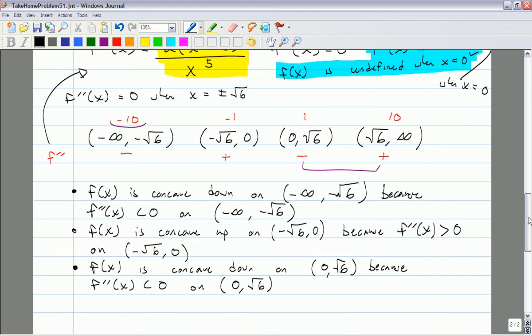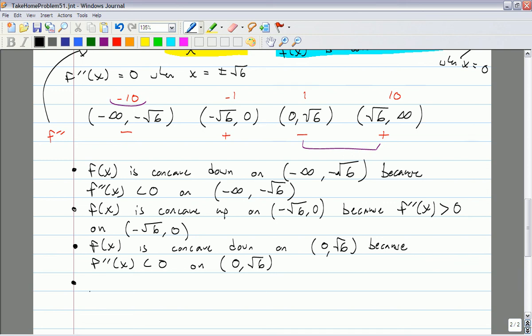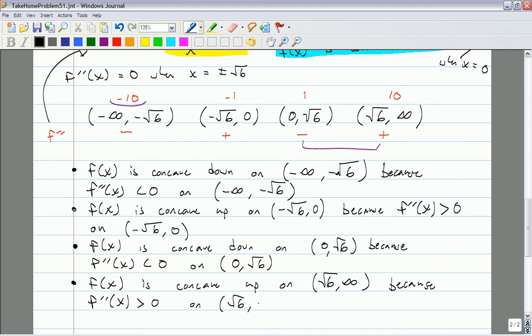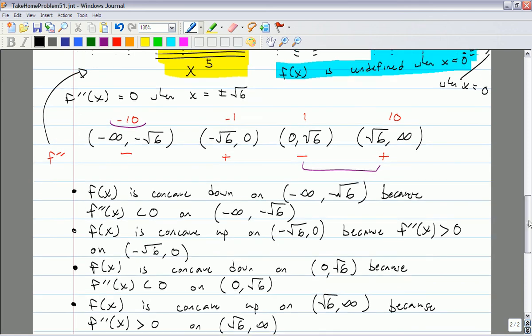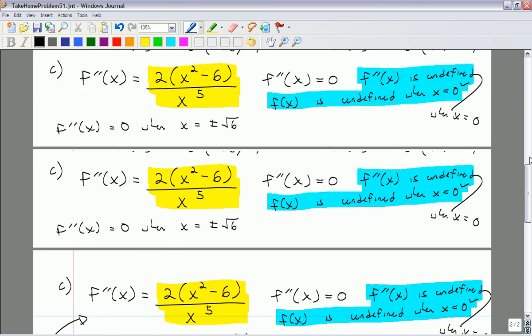One more. f of x is concave up on root 6 to infinity because f double prime of x is greater than 0 on root 6 to infinity. Okay, so you've described where this thing is concave up and concave down, and you've nailed the explanation there.